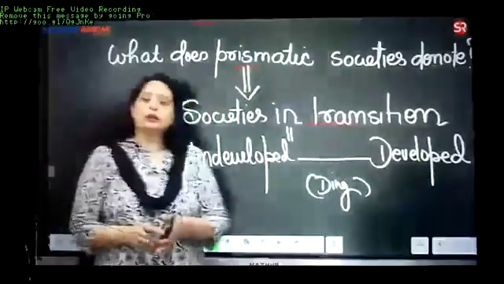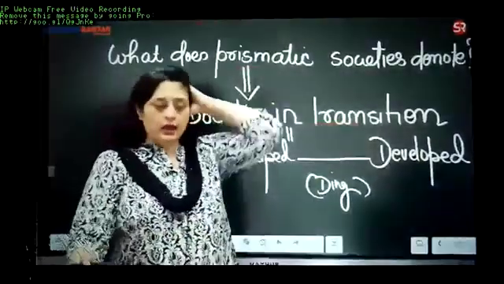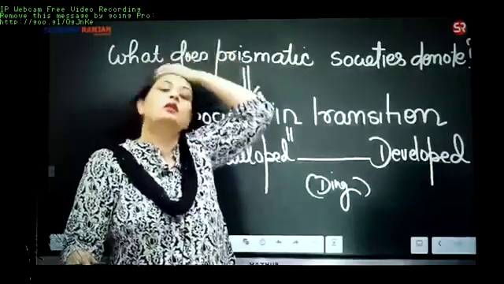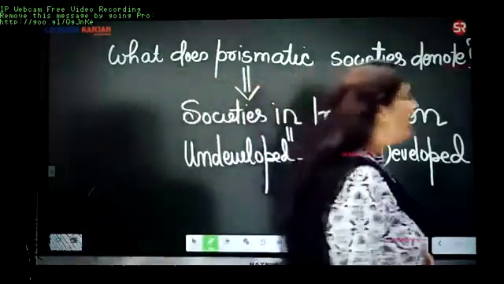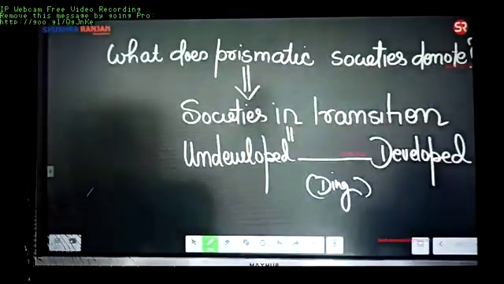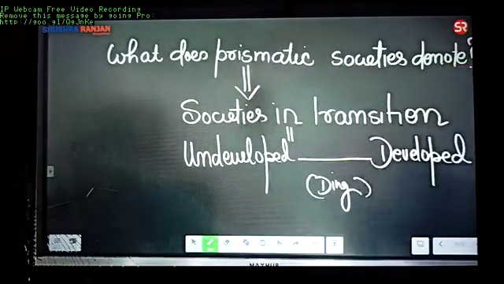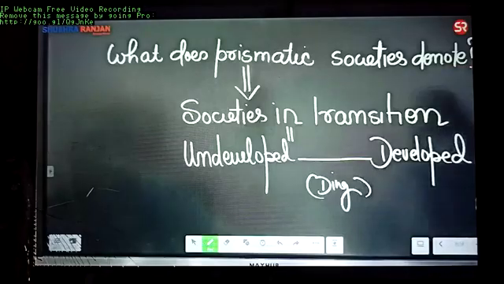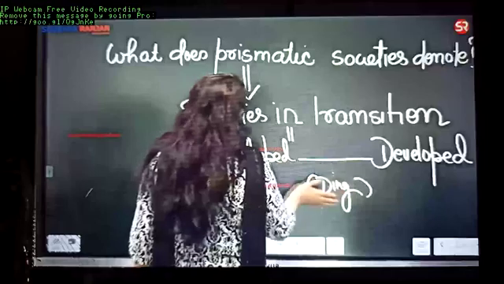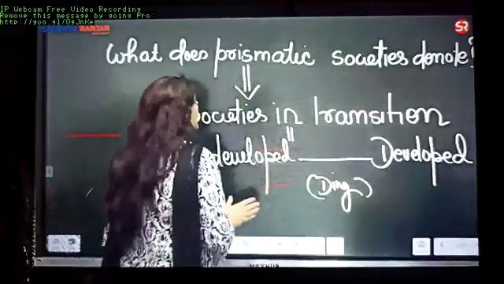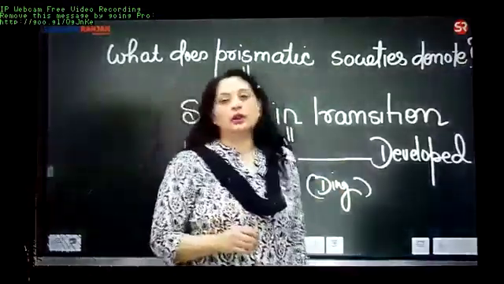He used the phrase developing societies or prismatic societies, means societies which are in the state of transition from undeveloped to developed, means which are developing.